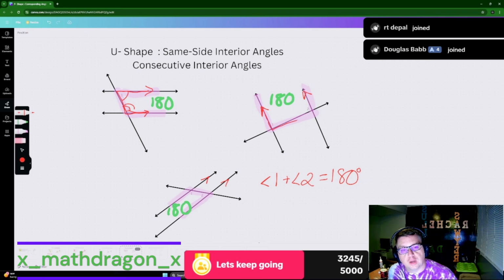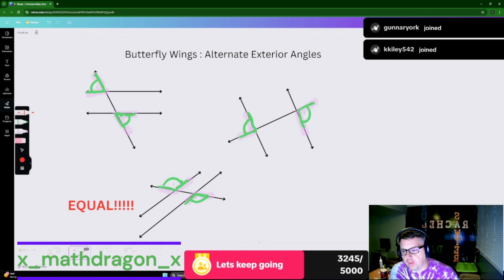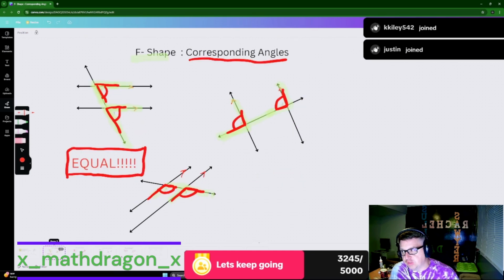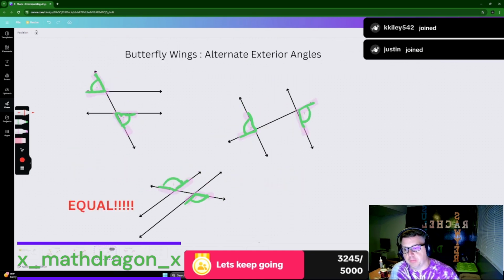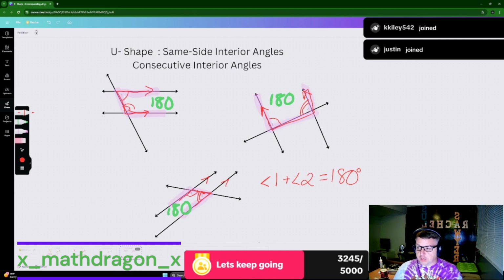So we have a U shape here where angle 1 and angle 2 add together to give me 180. These are the same side interior angles. So for the other three of the four, the F shape, the Z shape, and the butterfly wings, those are all equal. The U shape is the one that is 180 degrees.